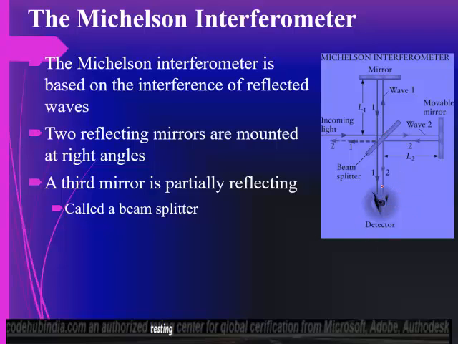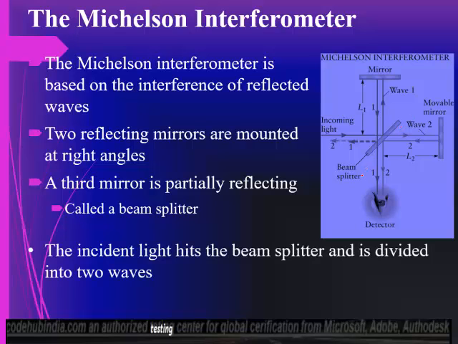So the third mirror is partially reflecting, called the beam splitter. What happened? The incident light hits the beam splitter and is divided into two parts, part 1 and part 2. Clear?